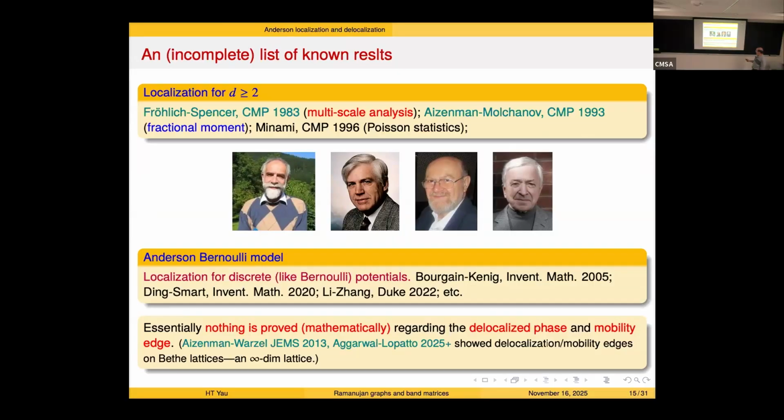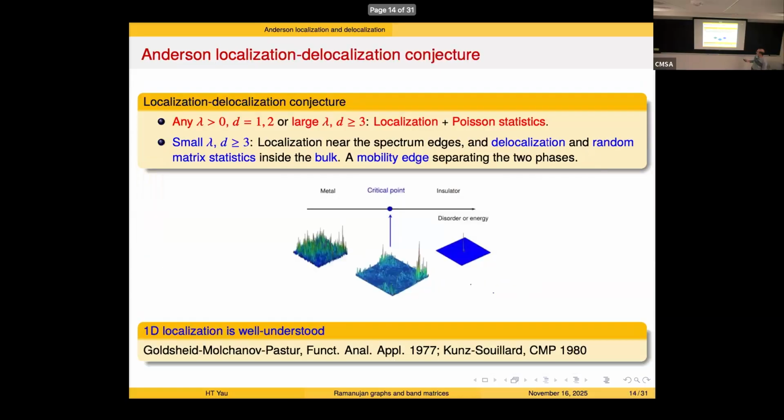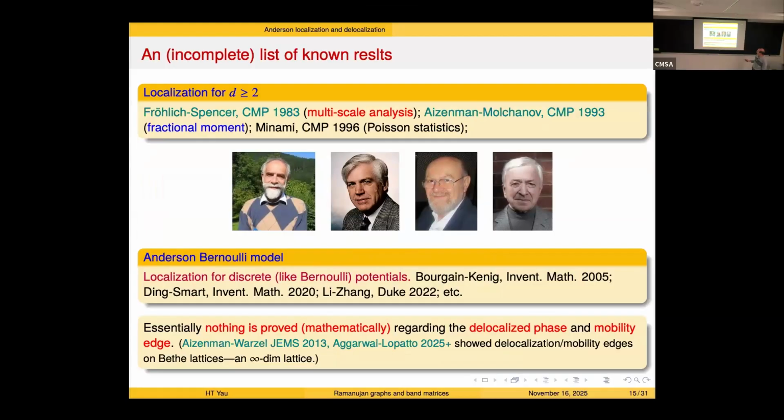But they used the idea of Bourgain and Kenig of 2005. Bourgain and Kenig did the case where the Laplace operator is in the continuum, and Ding and Smart did the case of the discrete Laplace operator. But despite all this, there is no proof that there is a delocalized phase.